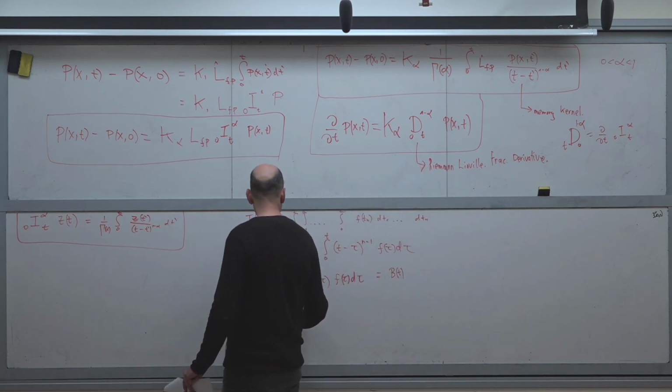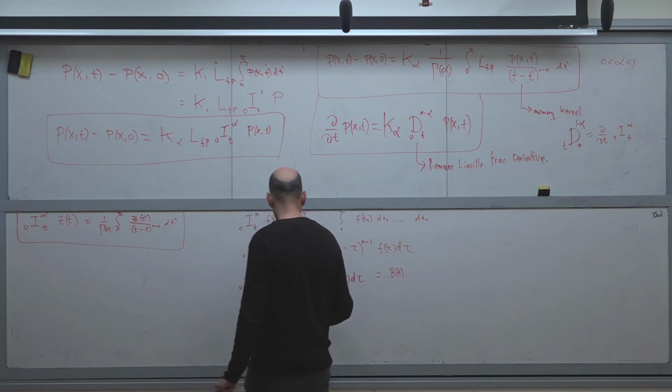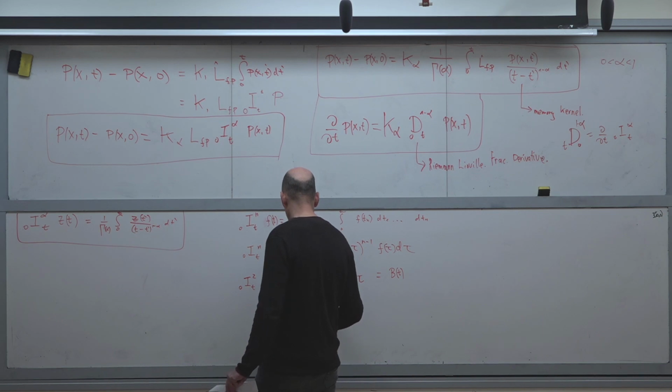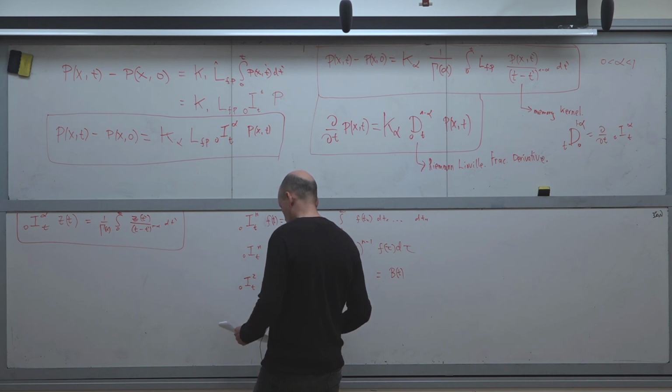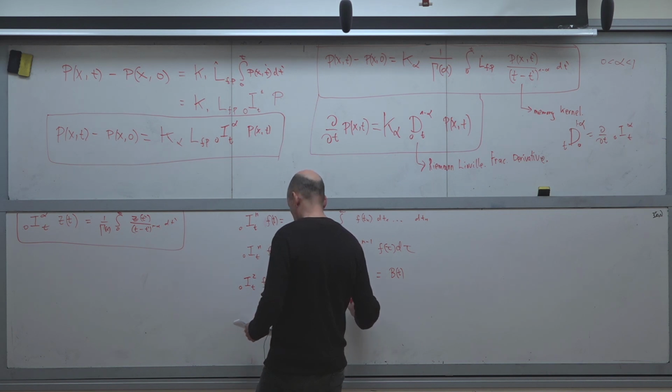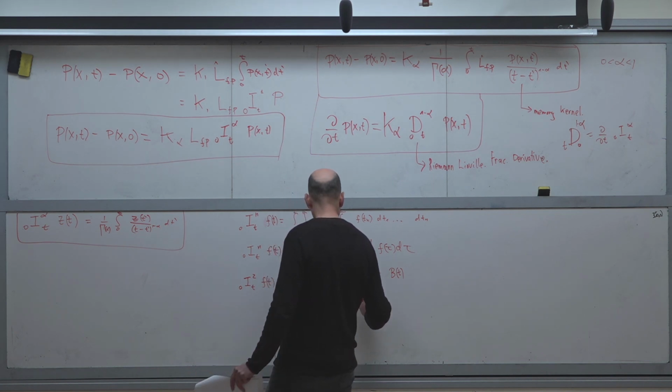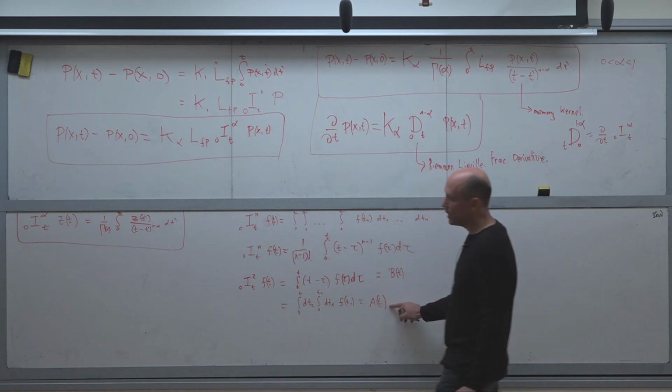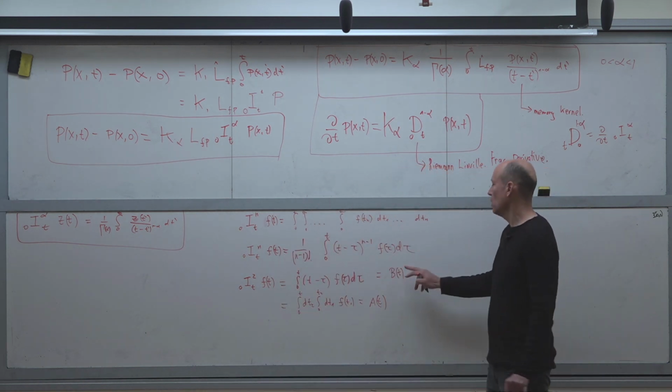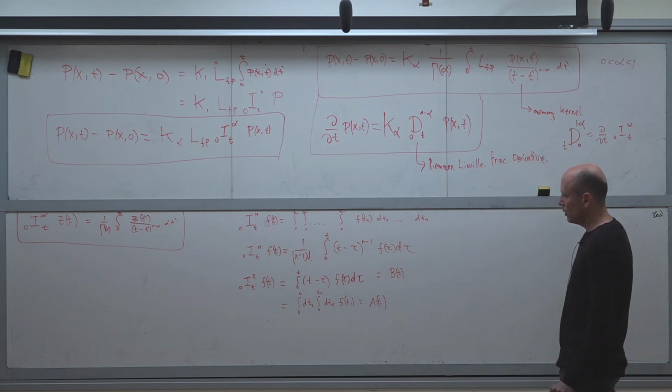And from the first definition, I just write the integral from 0 to t dt2, from 0 to t2 dt1, f of t1. Let's call it a of t. We want to show that a of t and b of t are the same.